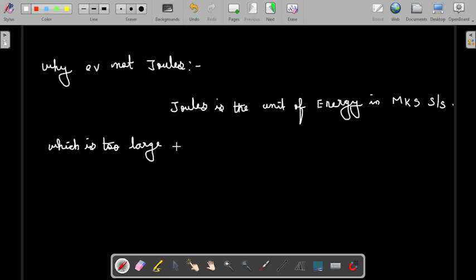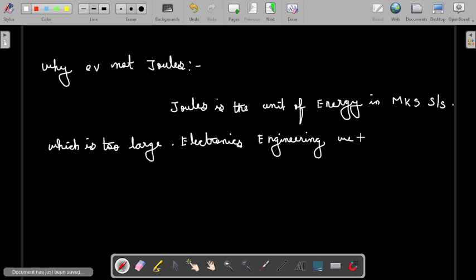So in electronics engineering, where semiconductors come into the picture, we use the term eV. The physical significance of eV is very simple for us to understand.